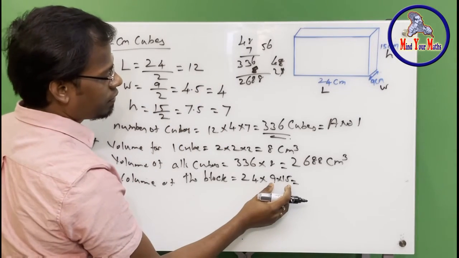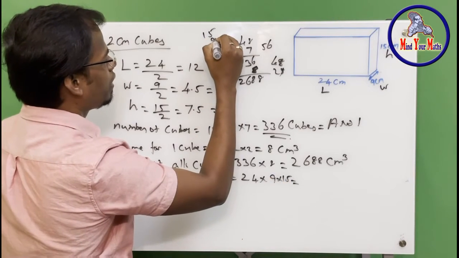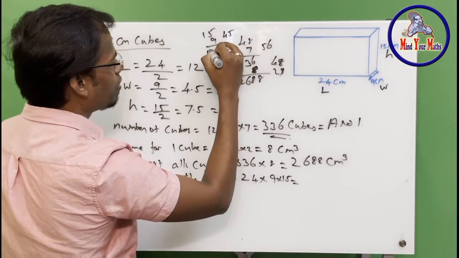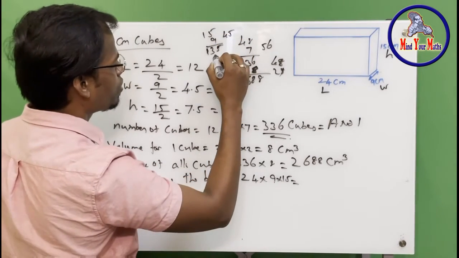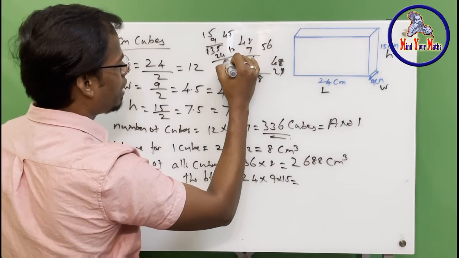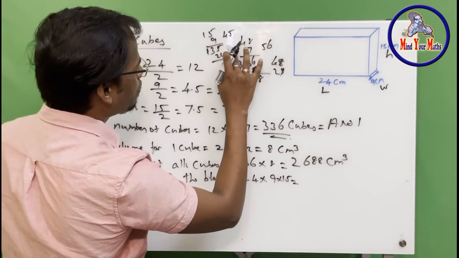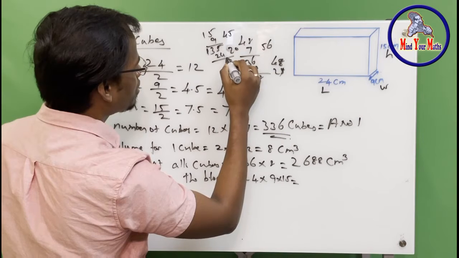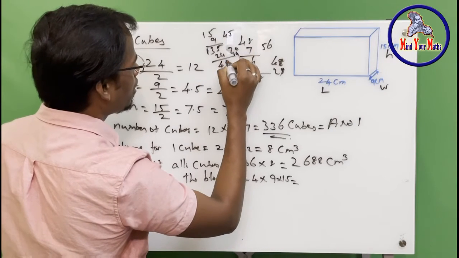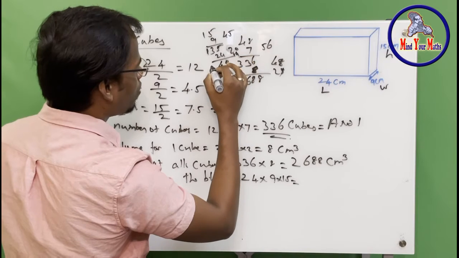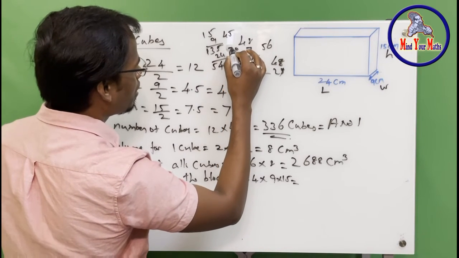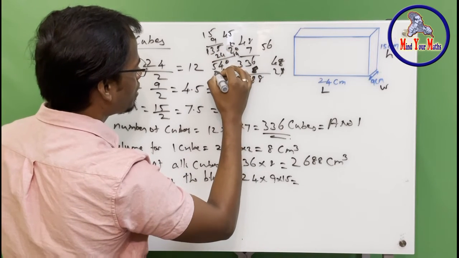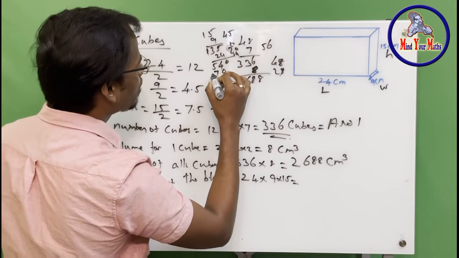So let's multiply. First, multiply 15 by 9. 9 times 5 is 45. 9 times 1 is 9, plus 4 is 13. Then we multiply by 24. 4 times 5 is 20, we put the 0. 4 times 3 is 12, plus 2 is 14. 4 times 1 is 4, plus 1 is 5. That gives 540. 2 times 5 is 10, we put the 0. 2 times 3 is 6, plus 1 is 7. 2 times 1 is 2.